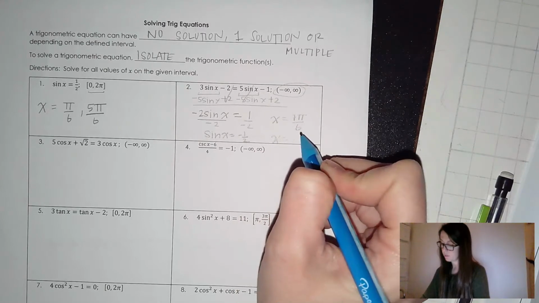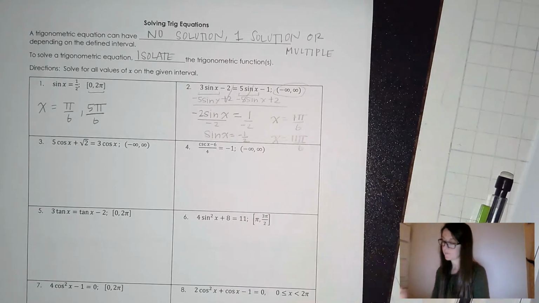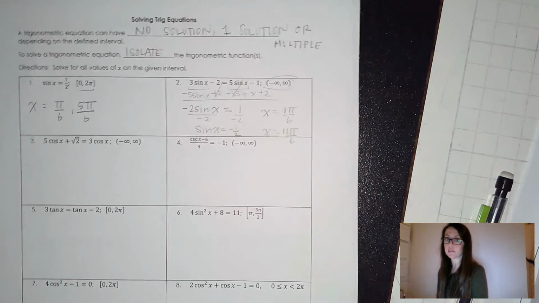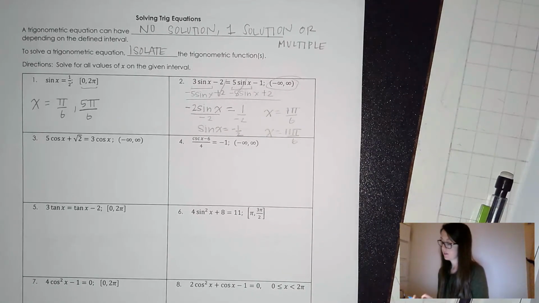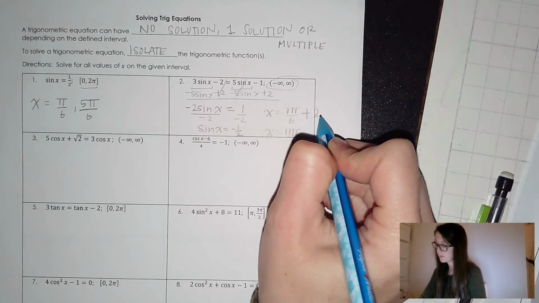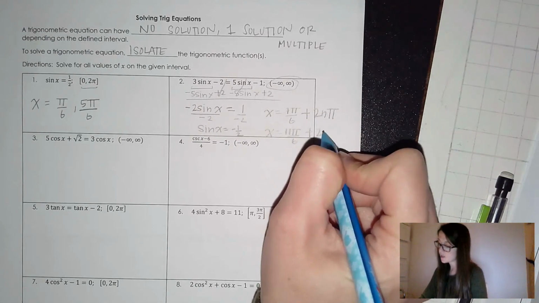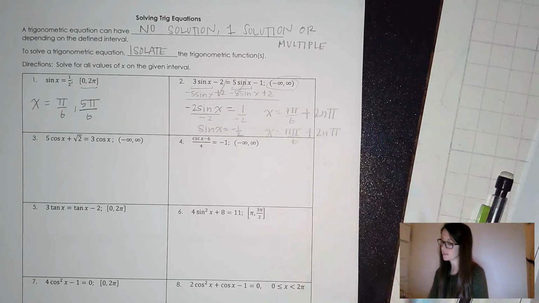And then 11 pi over 6. Okay, so with these two values, 7 pi over 6 and 11 pi over 6, they're going to be repeating. So I can also say that this is going to be plus 2n pi. If I add 2n pi every time, that's going to give me my values throughout negative to positive infinity.